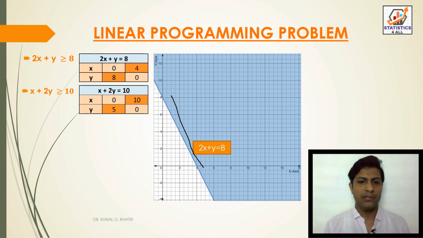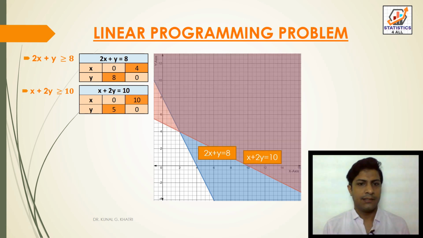The region above is selected because here 2x plus y is greater than or equal to 8. And we can see that x is 4 and y is 8, so 4 on the x axis and 8 on the y axis.